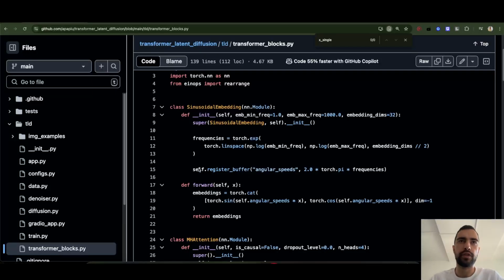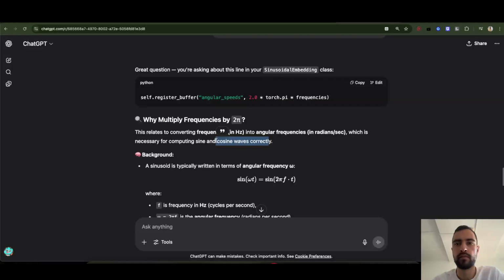So in the code, they are saving these angular speeds, so they are saving the frequencies, but not in this frequencies format, but they are converting it to angular speeds. So they're multiplying with pi and 2.0. Why multiply frequencies by 2 pi? This is to convert frequencies in hertz into angular frequencies in radians per second, which is necessary for computing sine and cosine waves correctly.